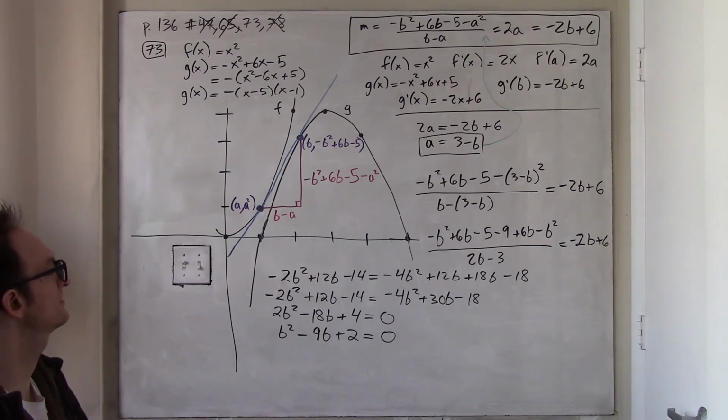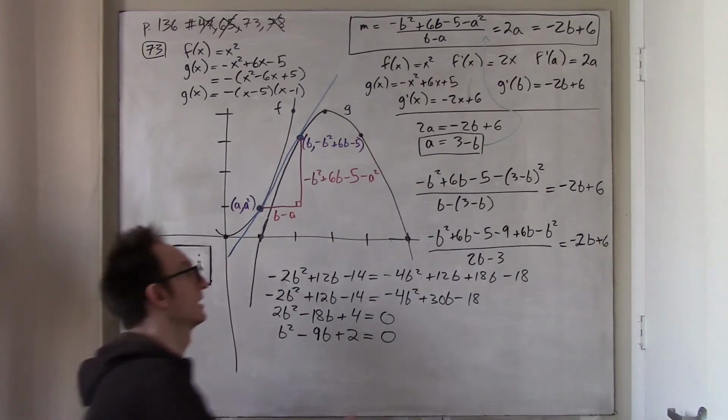I don't see any mistakes yet. Plus b, 2b minus 3, 2b plus 6, negative 4b squared plus 12b plus another 6b. Oh, that's the mistake.